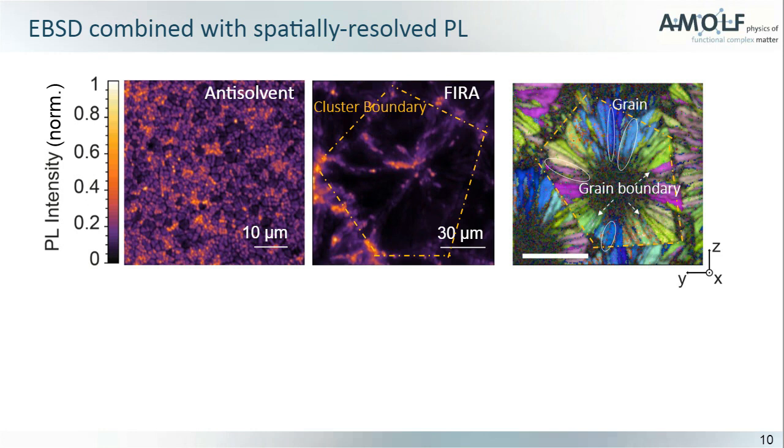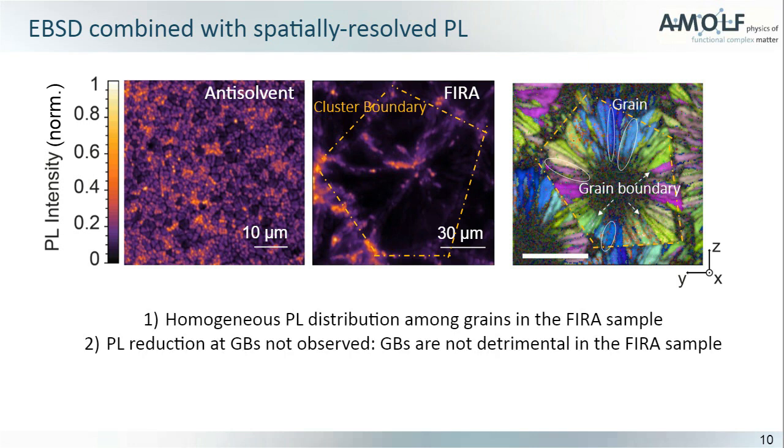And you see that here we do not see a direct correlation between crystallographic orientation and photoluminescence. That means that a specific crystal orientation doesn't result in higher or lower photoluminescence, but also that the grain boundaries that we find in the grain are not really detrimental for this sample. We do observe an increase, though, in the photoluminescence in the middle and at the edge, but this doesn't have to be attributed to the crystallographic orientation, but more to thickness and a self-absorption process.